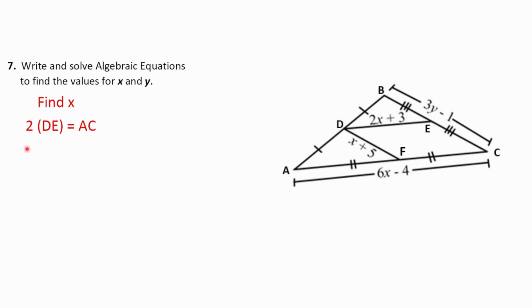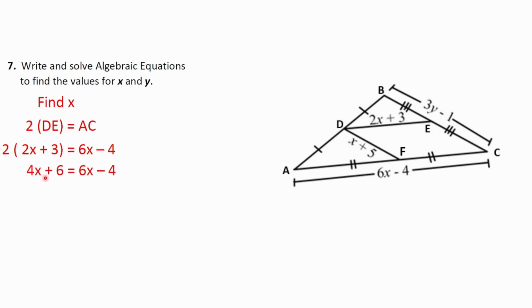So the way that I'm going to do that is I know that if I take DE, and if I was to multiply it by 2, double it in length, then I would get the length of AC. And then I can substitute in these expressions for what they represent, which 2x plus 3 is DE, and then AC is this 6x plus 4. And so again, I have 2 times that whole segment, so I've got to keep this in parentheses here and distribute.